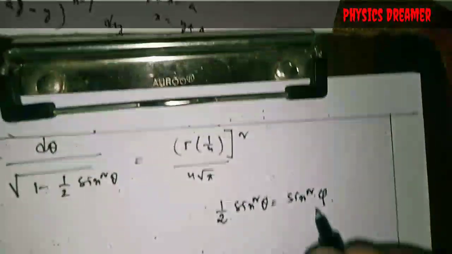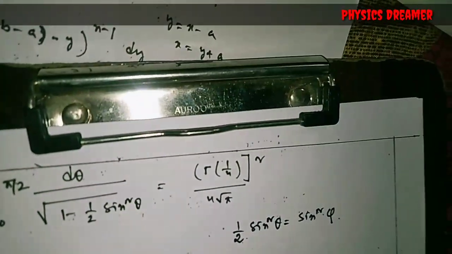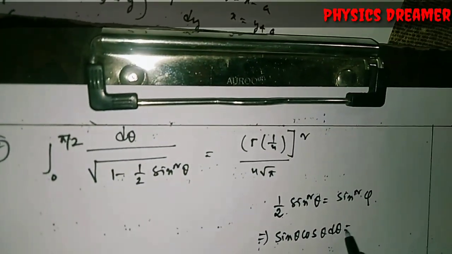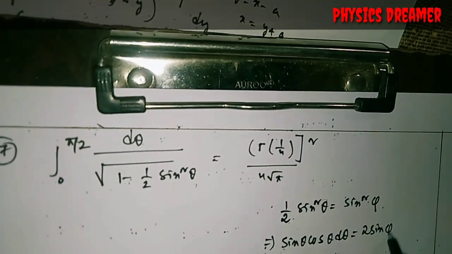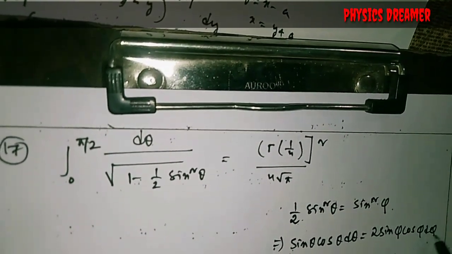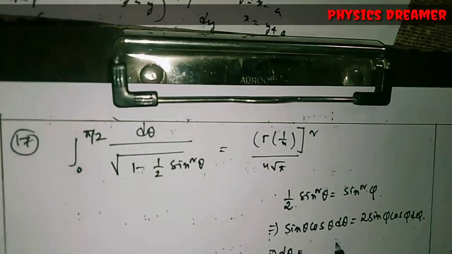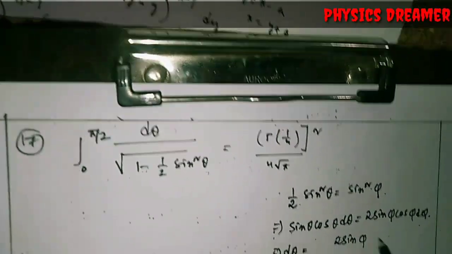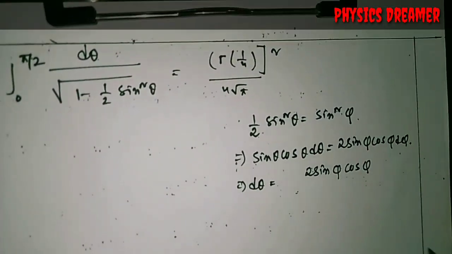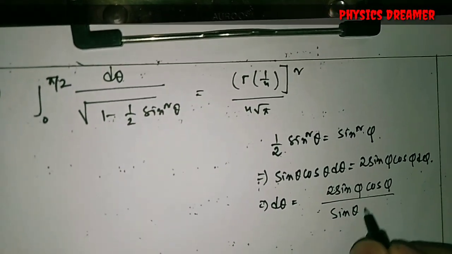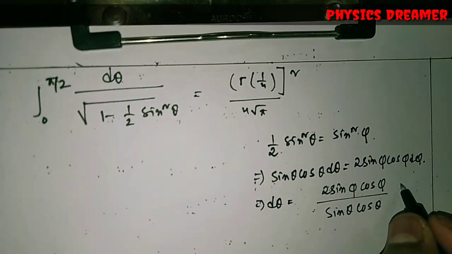Okay, now here I can write sin theta cos theta d theta equal to 2 sin phi cos phi d phi. Now d theta equals 2 sin phi cos phi by sin theta cos theta into d phi.